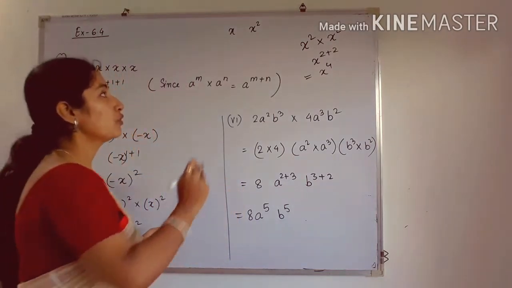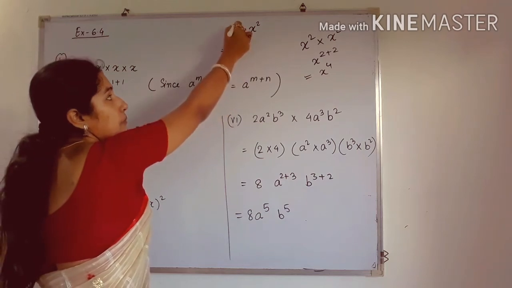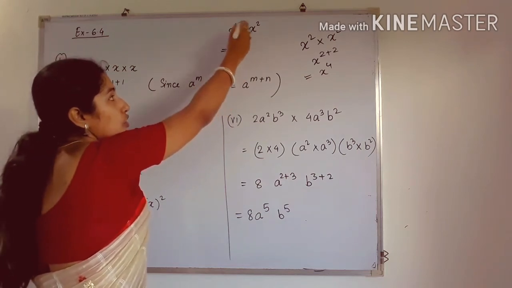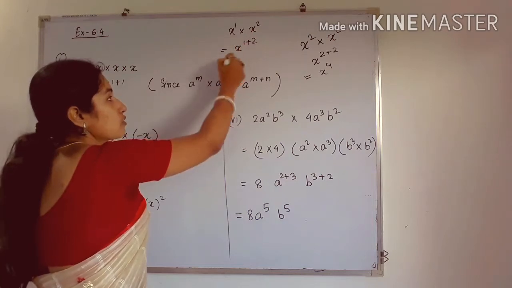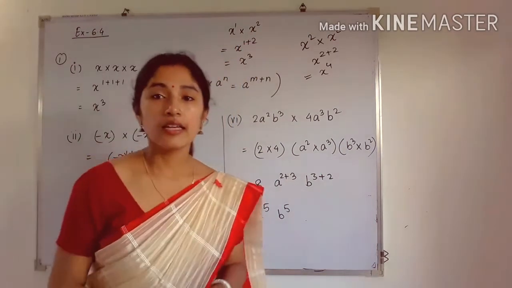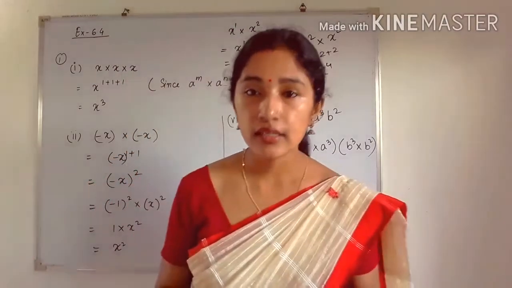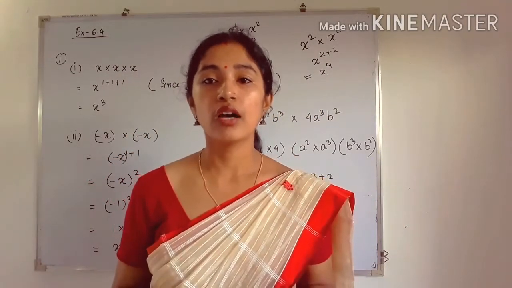Again the same law will be applicable here. See here, the power of x is 1 and here it is 2. The base is the same, so we can add the powers. So the answer will be x cube. Like in addition and subtraction, we collect the like terms, but in multiplication we don't need to collect the like terms.